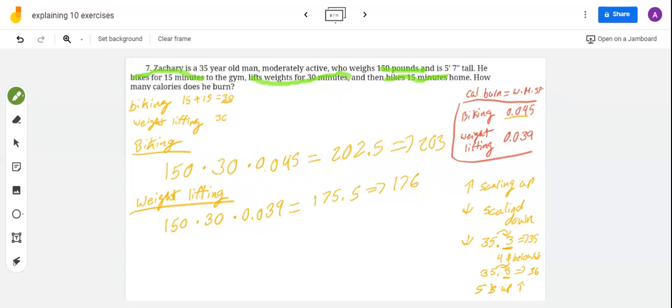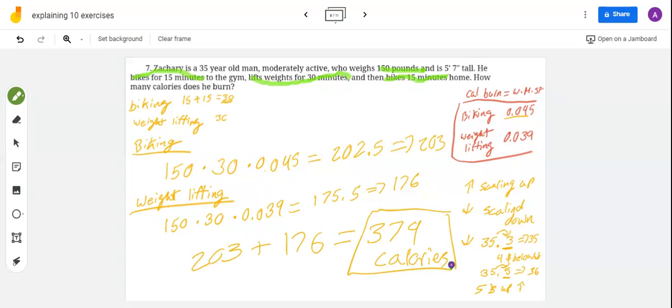Now we want to add the two of those together, right? So 203 plus 176, that's going to equal 379. So that's your answer, 379 calories, right? Let me double check my math real quick.